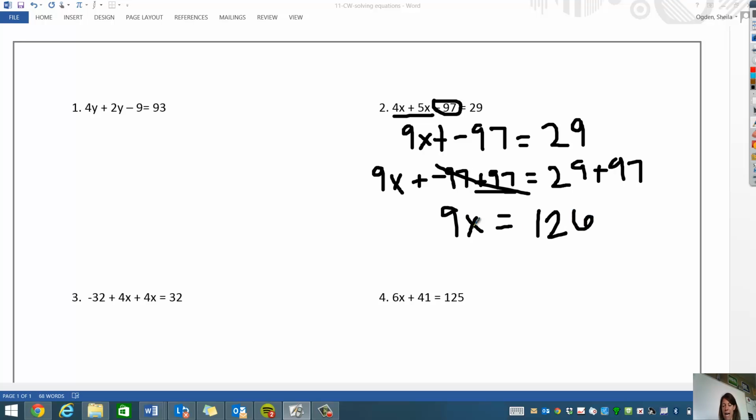So if 9 times some number is 126, then I need to undo that by doing 126 divided by 9. Do the math. And the correct answer is that x is equal to 14.